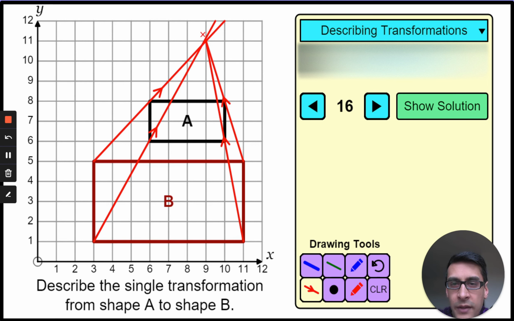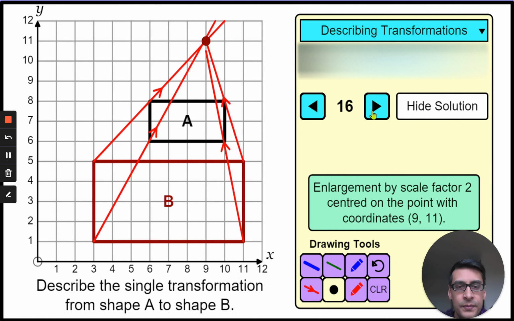It looks like we have it. So our center of enlargement is here, and we're going from A to B. So the side length 2 becomes side length 4. Scale factor is 2. Center of enlargement is 9, 11.